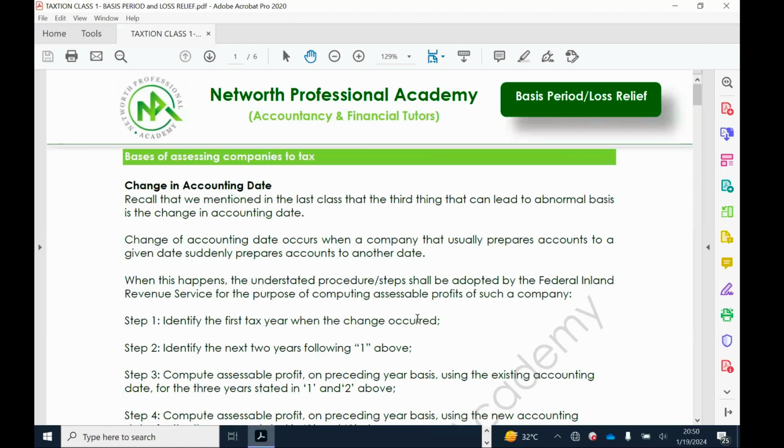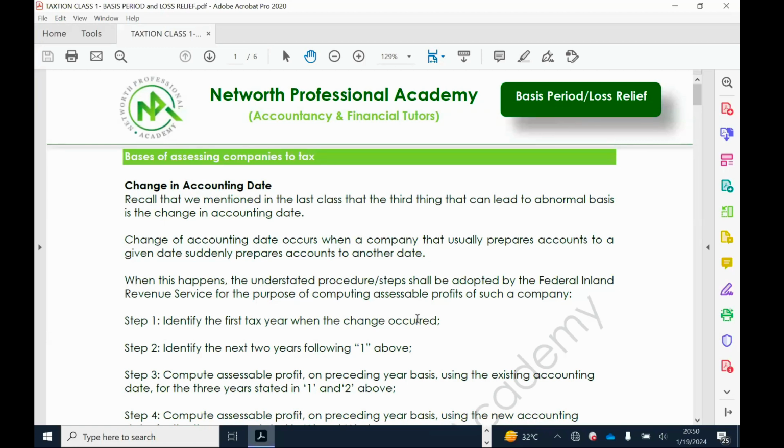If everything is equal, a basis period should be on a preceding year basis. If everything is equal, a basis period should commence immediately after the previous one ends. That is, if a basis period is ending 31st December, the next one should start 1st of January. If one is ending 31st of March, the next one should start 1st of April.